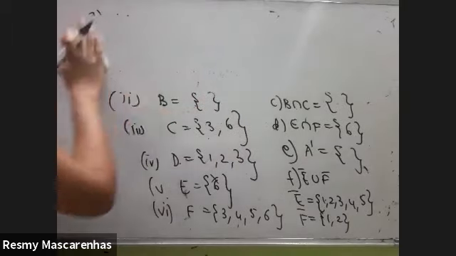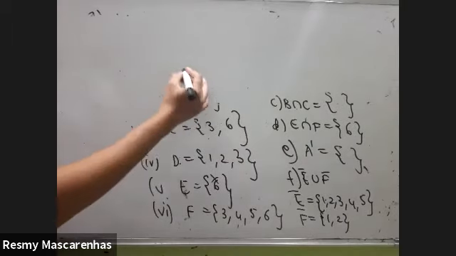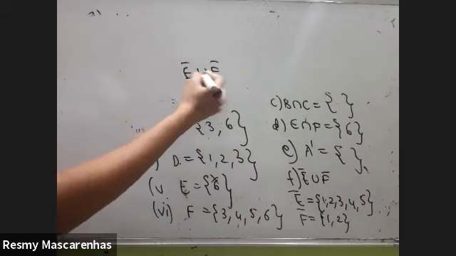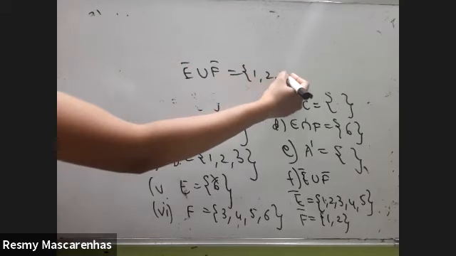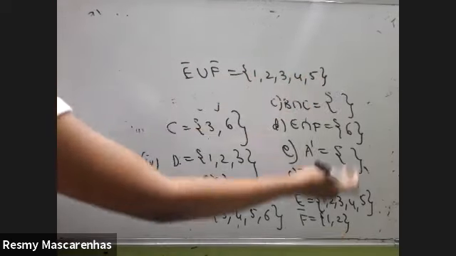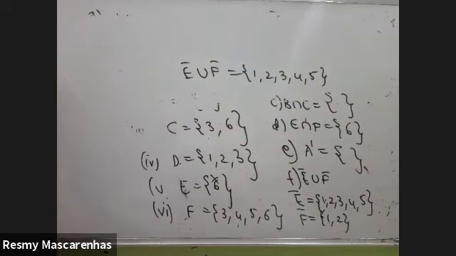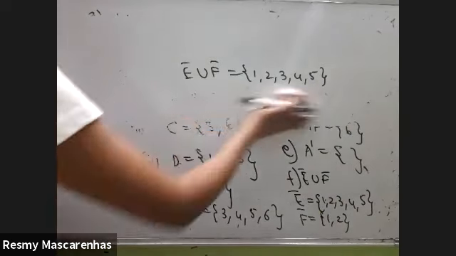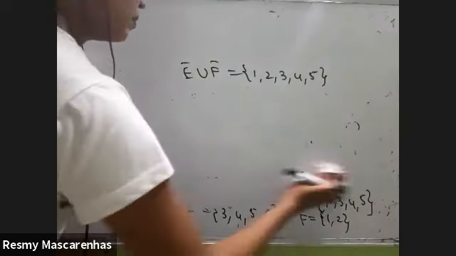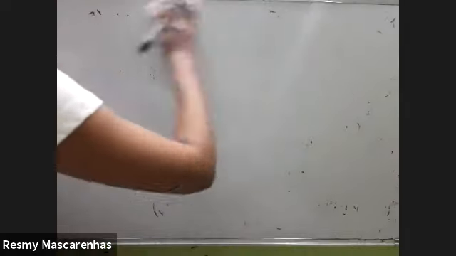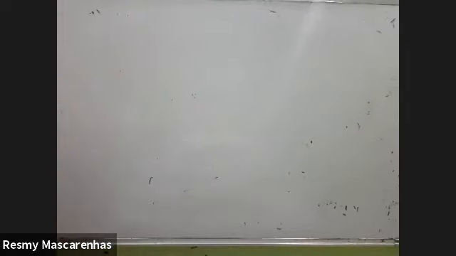So E bar union F bar is 1, 2, 3, 4 and 5 after combining these elements. This I'm not stressing so much because that's the same thing from your stats chapter.